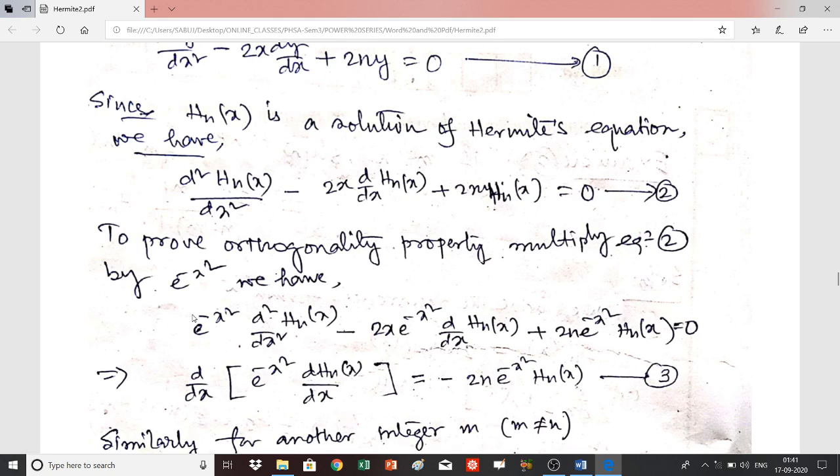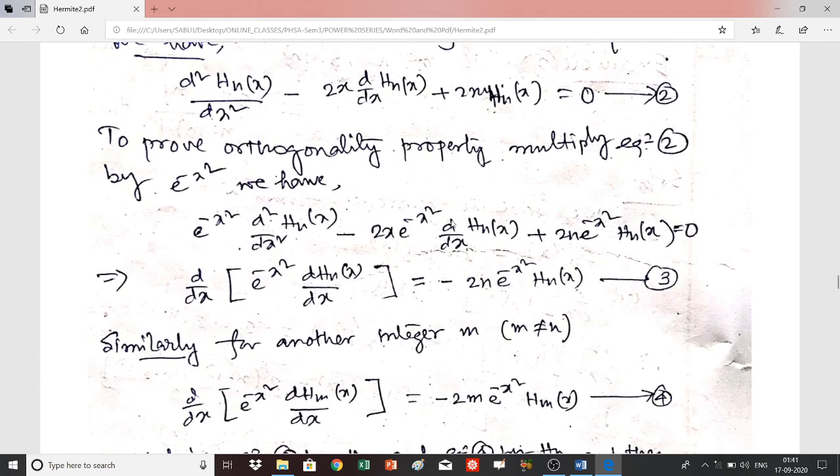So then we will have e to the power minus x square d2/dx square H_n(x) minus 2x e to the power minus x square d/dx H_n(x) plus 2n e to the power minus x square H_n(x) is equal to 0.